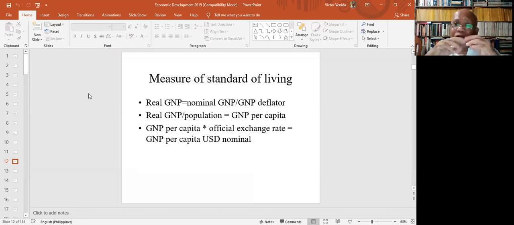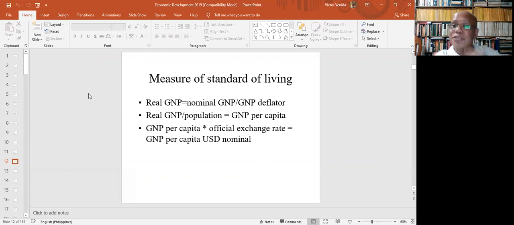Okay, so therefore, in order to measure how much total national product has really increased over time, you need to remove the effects of inflation. You need to remove the effect of the decrease in the purchasing power or the value of the currency, especially because GNP uses money in order to measure valuation.